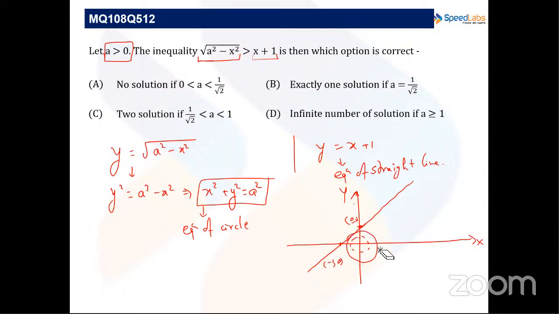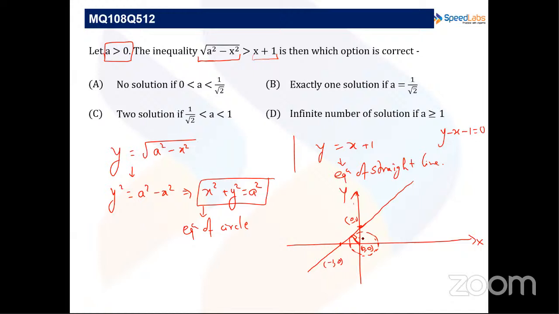So we can have three forms of the circle depending upon the condition of a, that is, depending upon the radius. So let's first find out what the radius should be so that the circle will touch the line. This is 0 comma 0. So we have to find the perpendicular distance of the point 0 comma 0 from the line. We can rewrite this as x minus y plus 1 equals 0.